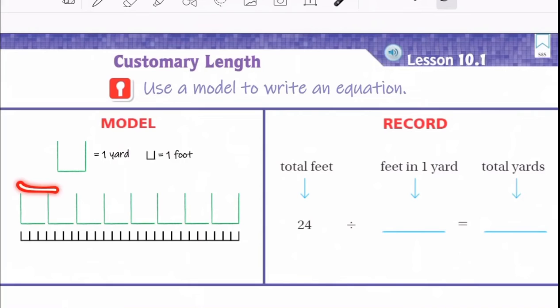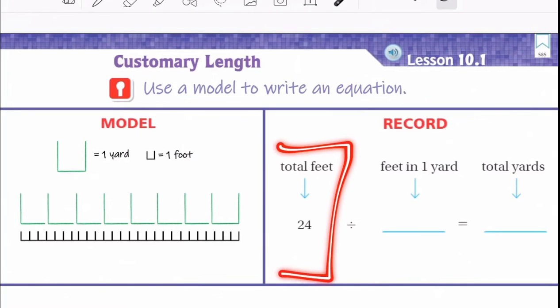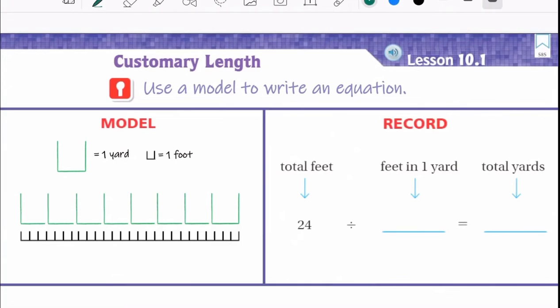If this equals a yard, because I have a key right here, and this equals a foot, you can see that there's 3 feet in 1 yard. So if we have 24 feet, and there's 3 feet in a yard, there's going to be 8 total yards that he has to buy. So Mr. Matson needs to buy 8 yards.